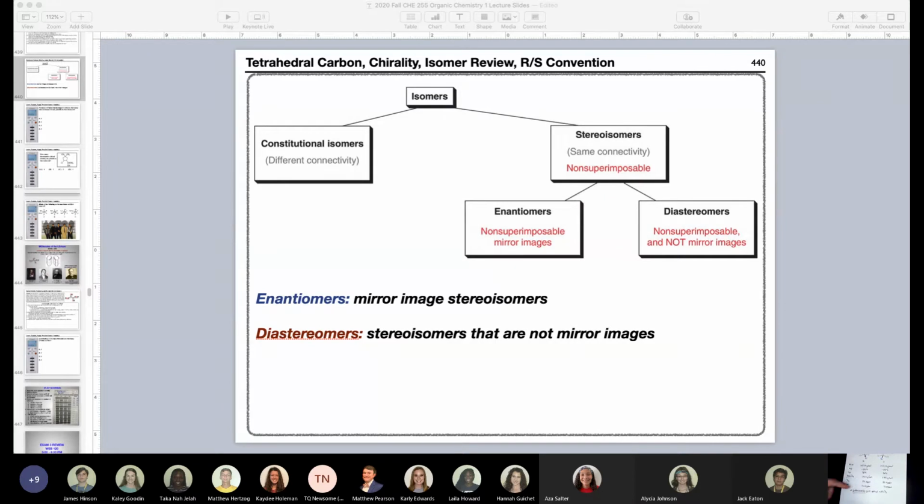So any questions on this before we switch over to the workbook and start doing some problems to spot chirality centers in molecules?